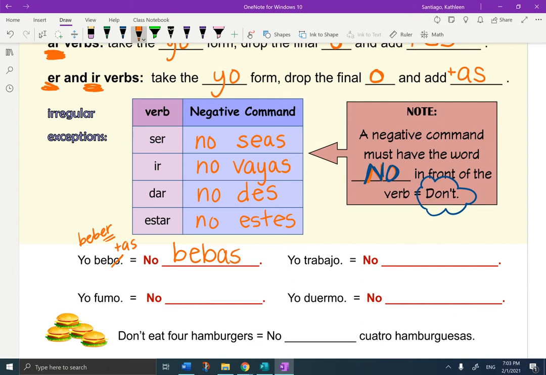I want you to be doing these with me, but I want you to be trying it in your head. Yo trabajo, yo form. Okay, the whole verb, the infinitive, trabajar. It's an AR verb. Take the yo form, chop off the O. Add the opposite vowel and an S. No trabajes.